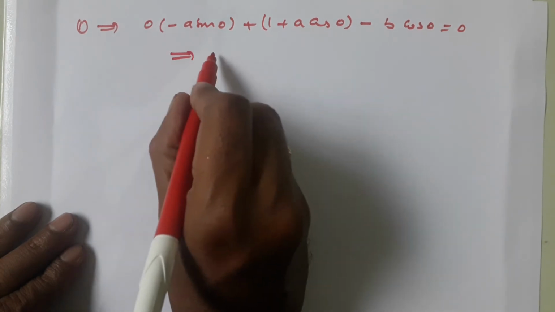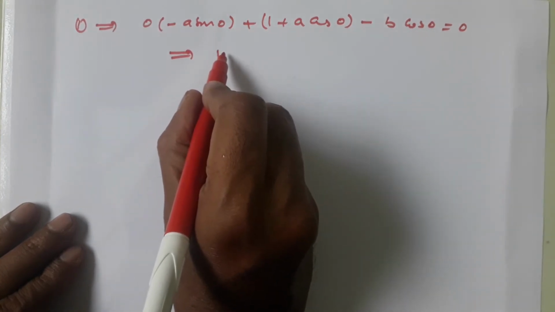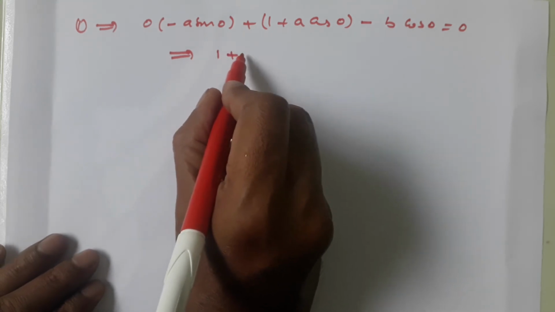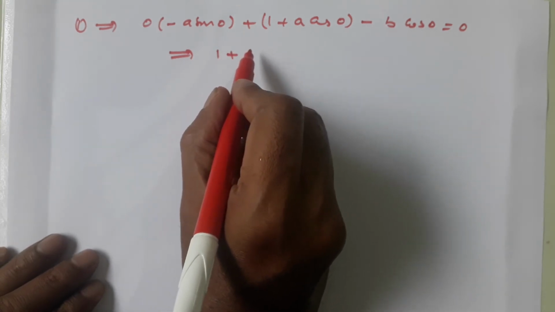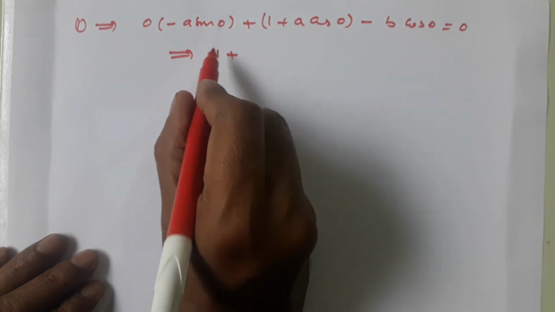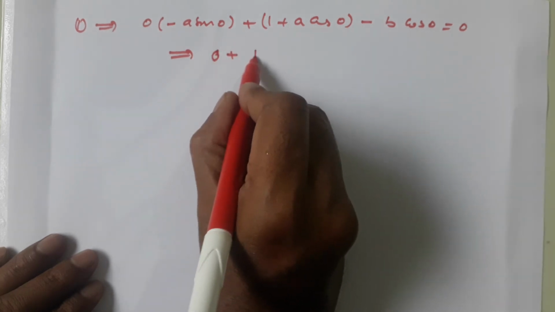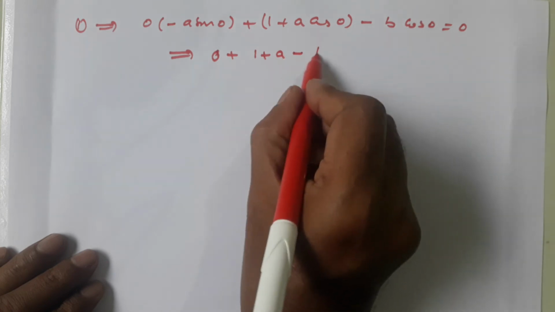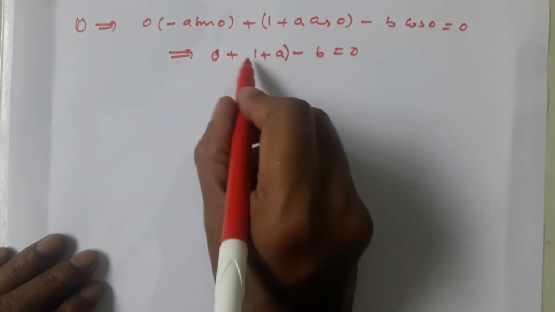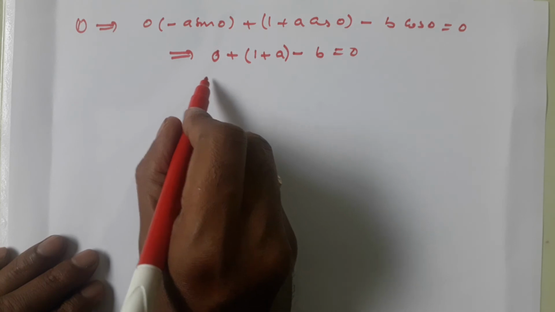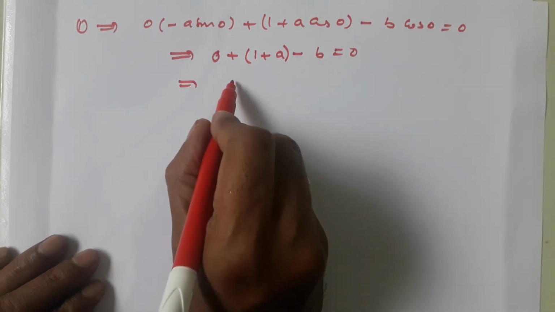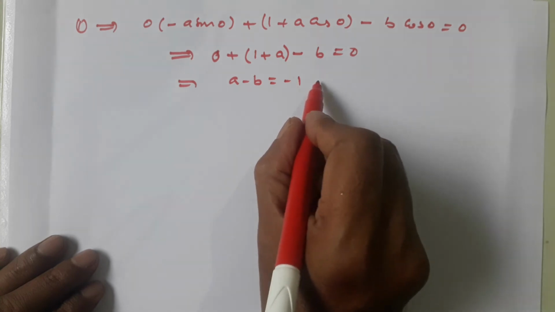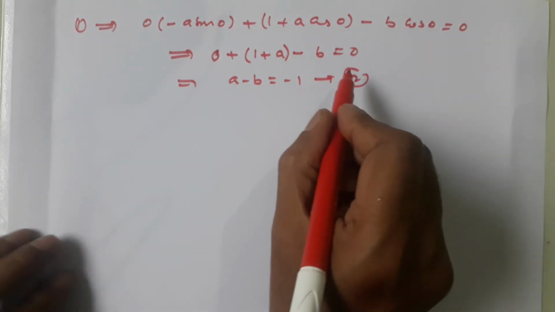This implies 0 plus 1 plus a minus b is equal to 0. This is simply a minus b is equal to minus 1. Take this as equation 2.